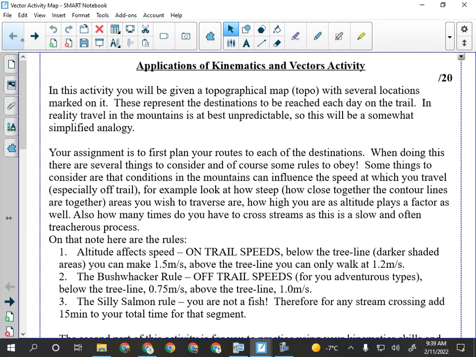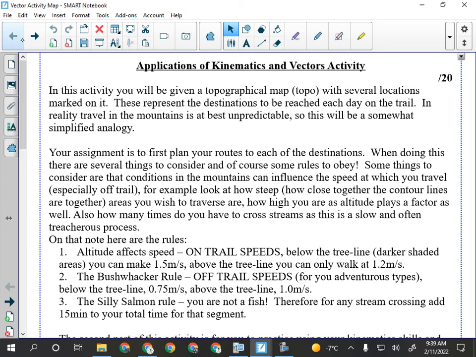So your assignment is first to plan your routes to each of the destinations. When you're doing this, there are several things to consider and some rules to obey. Conditions in the mountains can influence the speed at which you travel, especially if you're off trail. You need to look at how steep, that is, how close together the contour lines are, in the areas you wish to traverse.